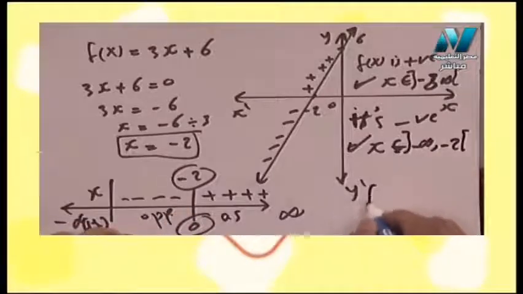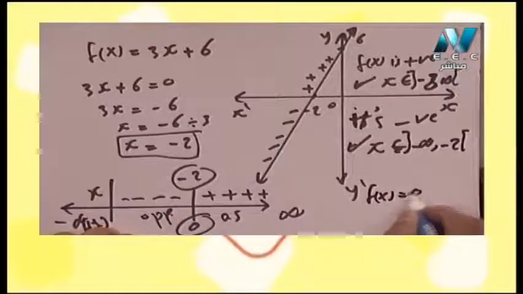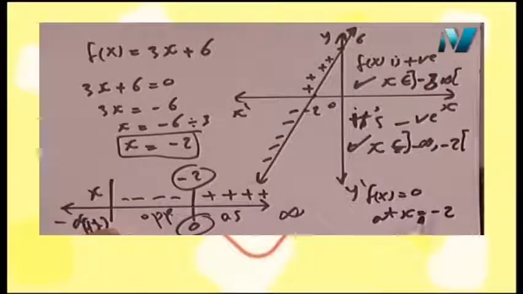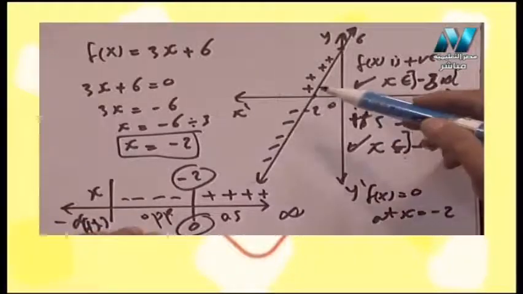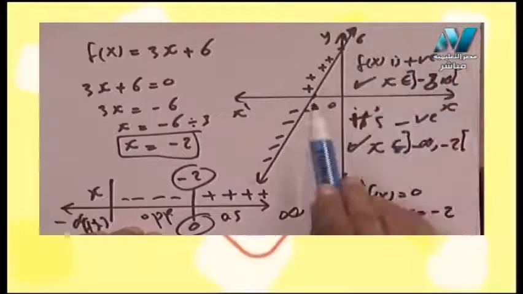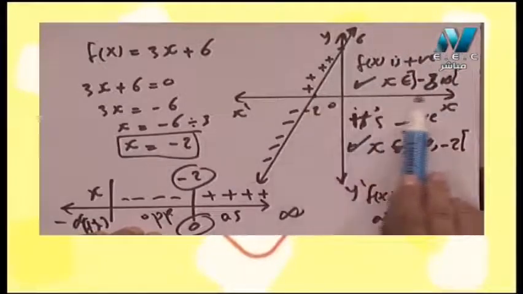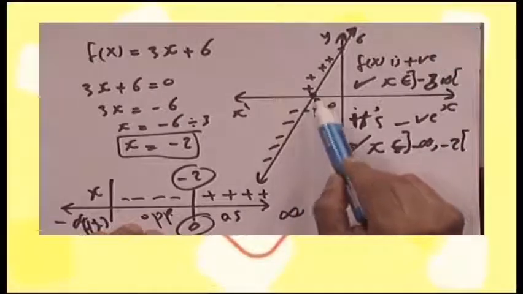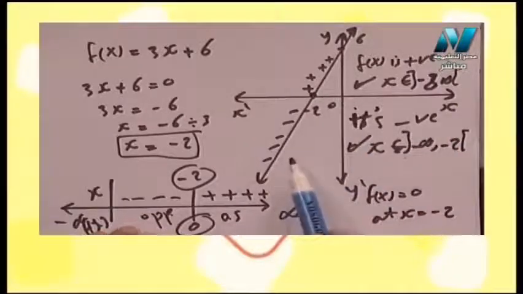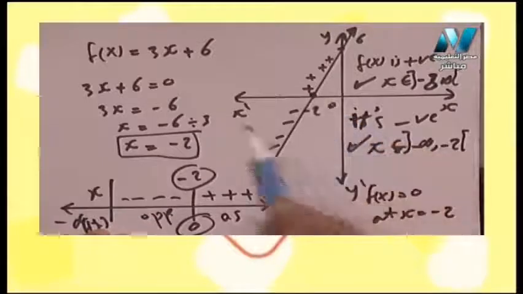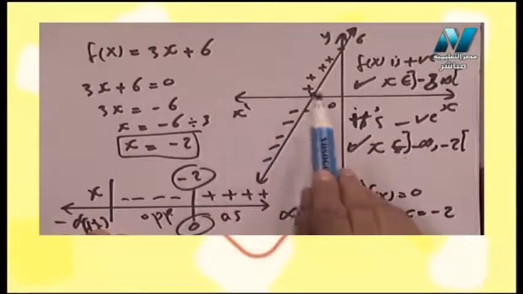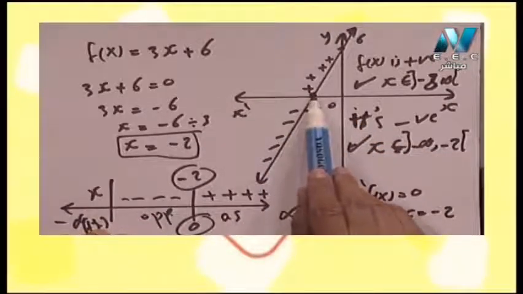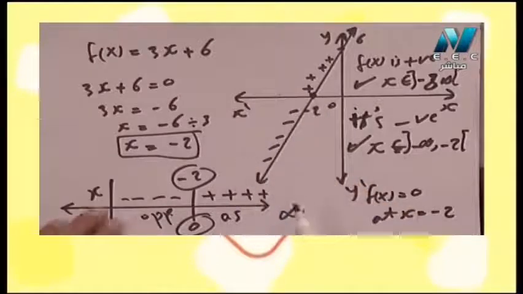And this function will be 0 at x equals negative 2, of course. So this function is positive between negative 2 and infinity, and it's negative from negative infinity to before negative 2.